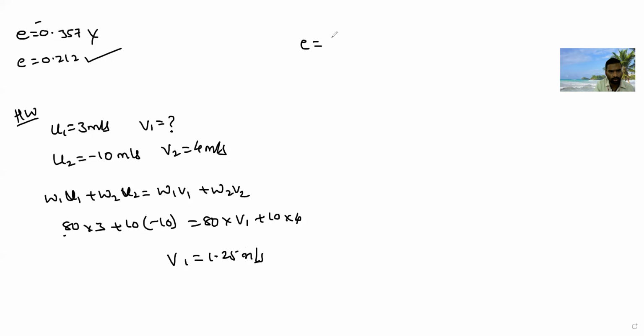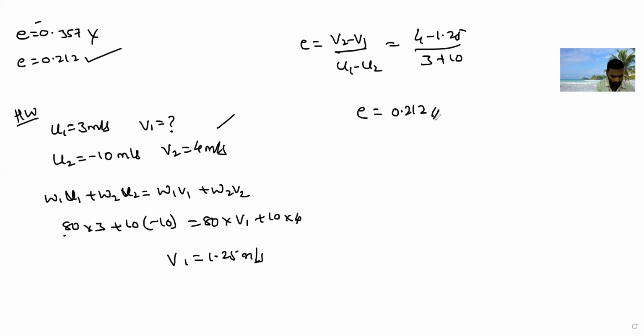E is equal to V2 minus V1 divided by U1 minus U2. So V2 is 4 minus 1.25 divided by U1, 3 minus of minus 10. So you can get the answer E is equal to 0.212, or 0.211. See, always I told in the last class, what is the range for the E value?